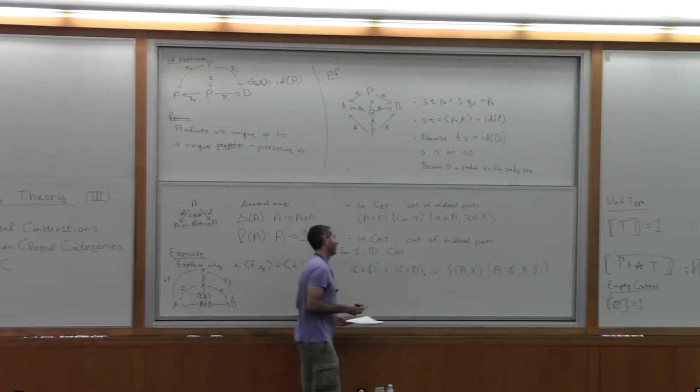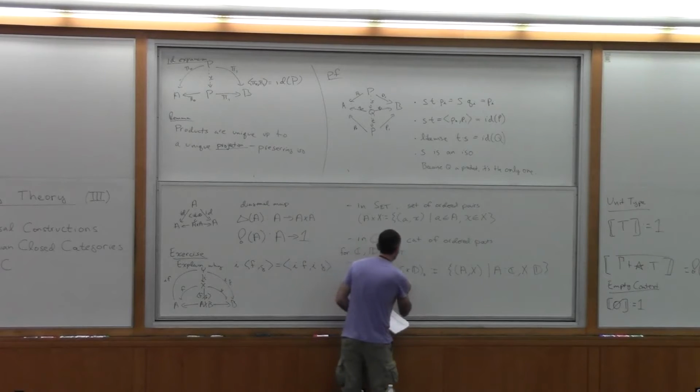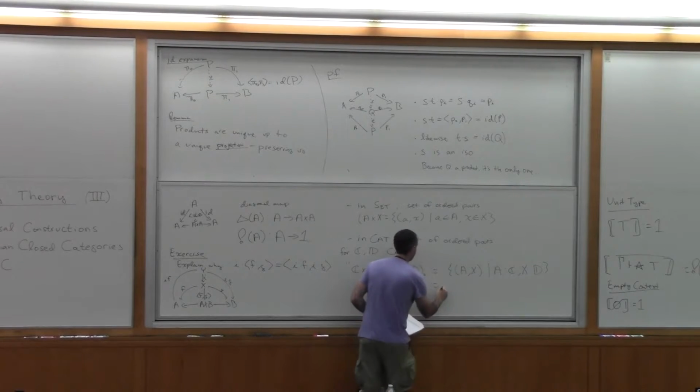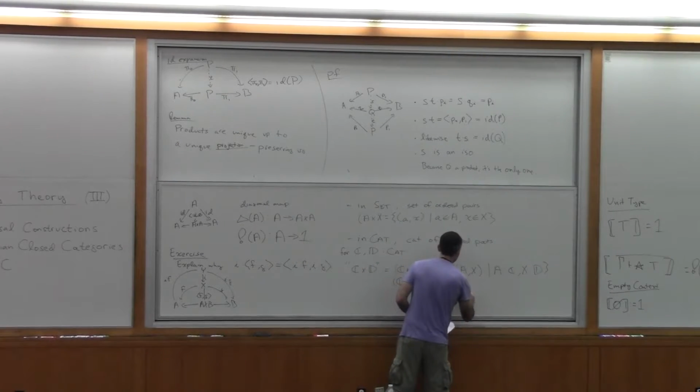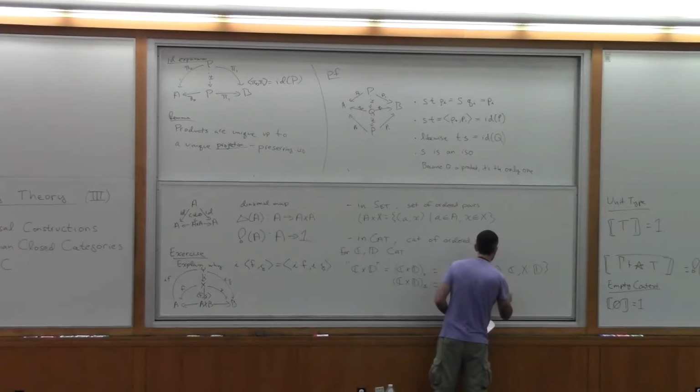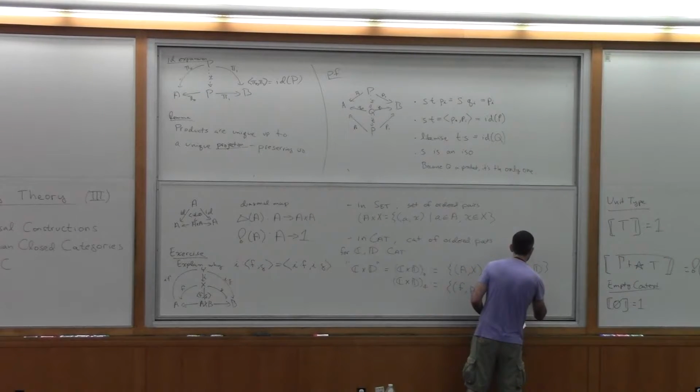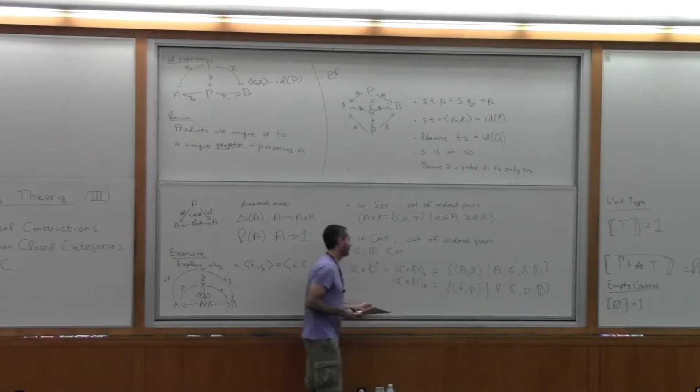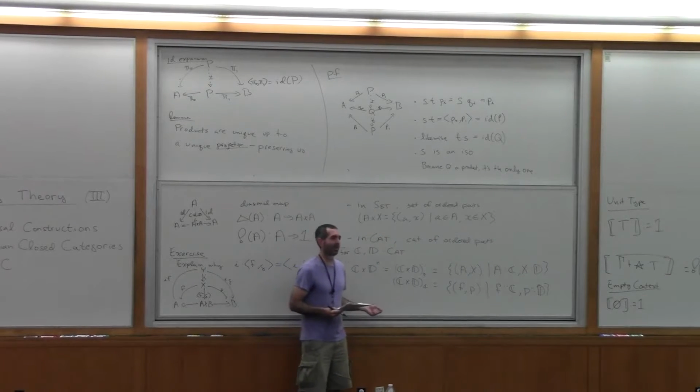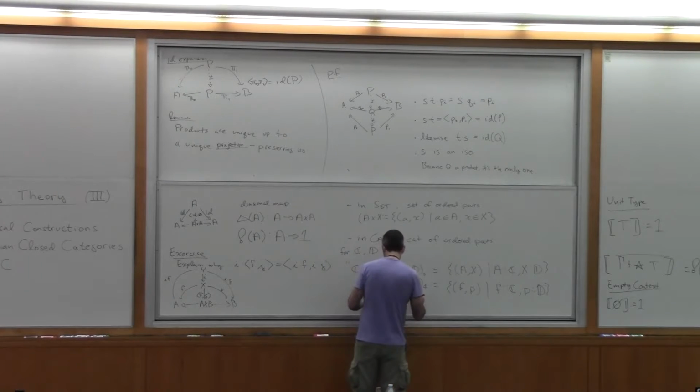Its arrows are pairs of arrows, where the first arrow is an arrow from the first category, and the second arrow is an arrow of the second category. And let me just say that the identities and the composition are defined point-wise. Well, maybe I will write it down because I'll need it in a minute.